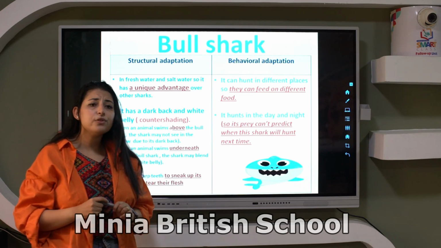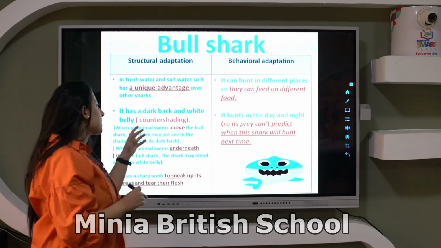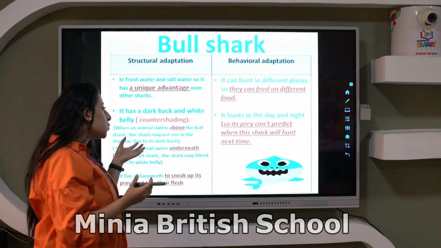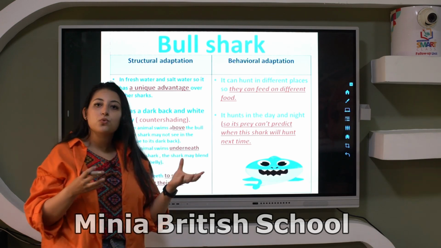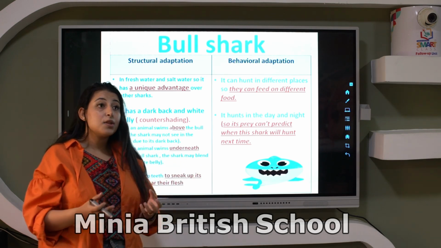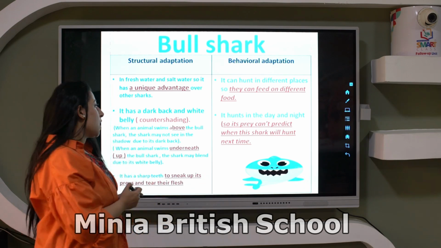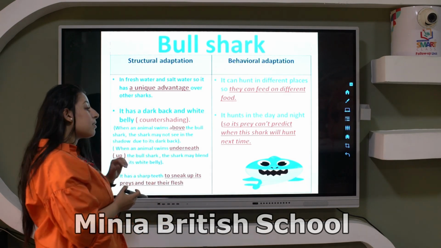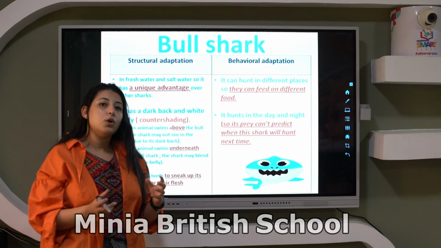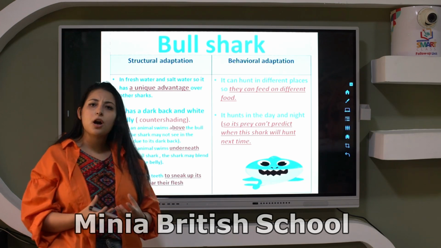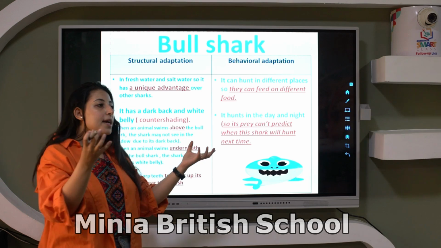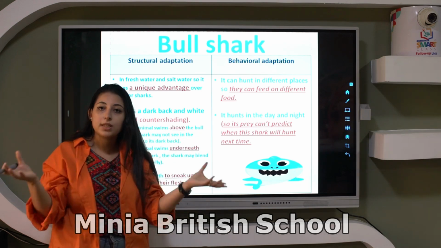So the bull shark uses what? Counter shading to adapt with fresh water and salt water to eat its prey easily. Okay, is this the only structural adaptation in the bull shark? No, it has very sharp teeth. Who created these teeth for the bull shark? Only God.